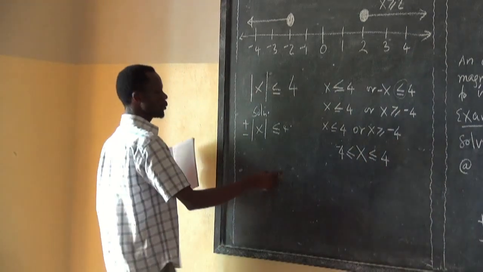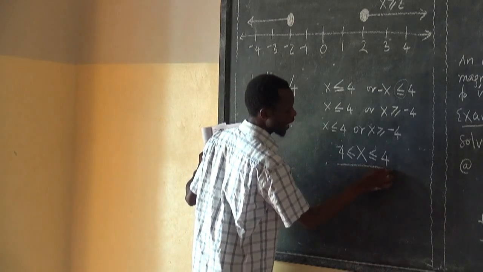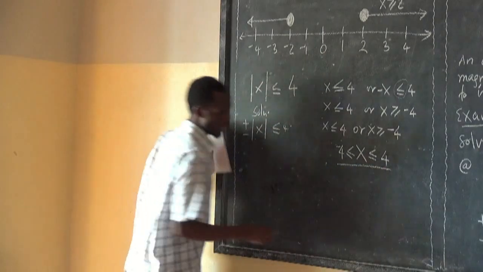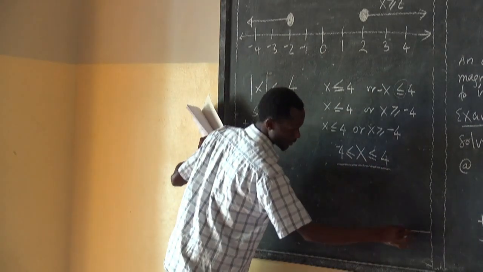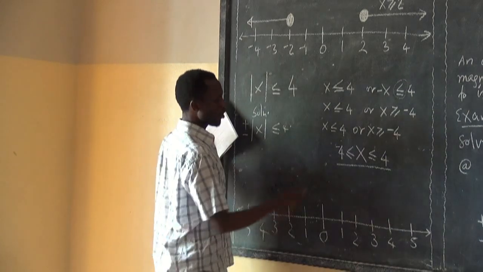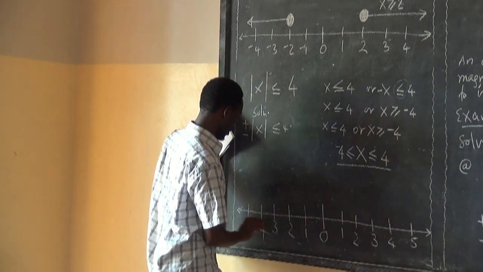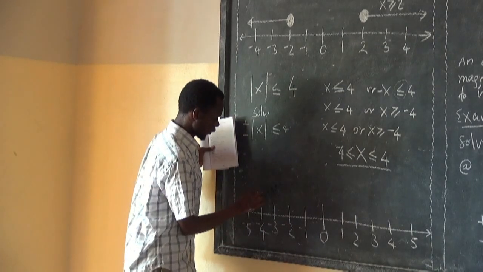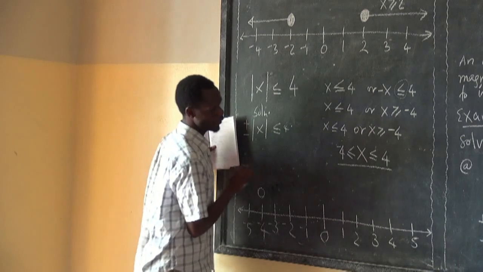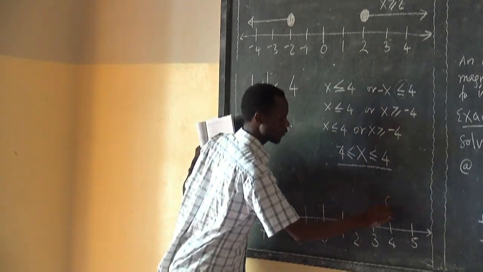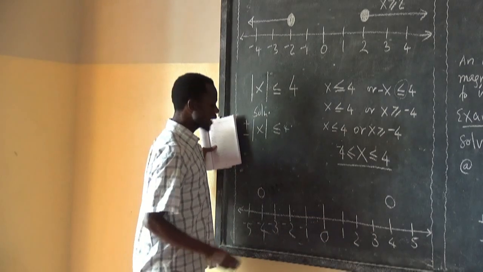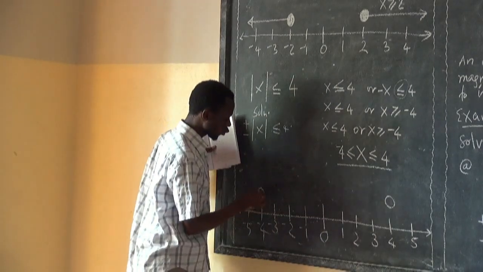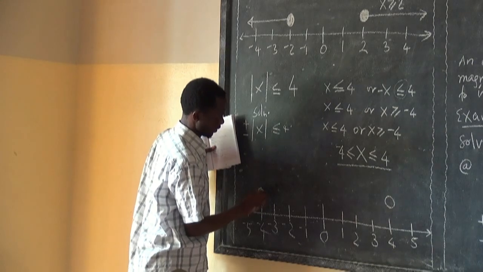Now, we can represent this on a number line. We draw a number line here. Now, we're talking about negative 4. All these negatives are numbers to the left. We have negative 4, and then we have positive 4. But both are included because of the equal sign.